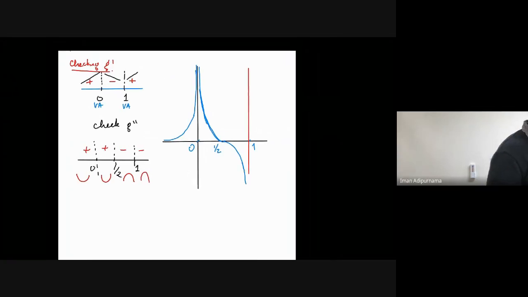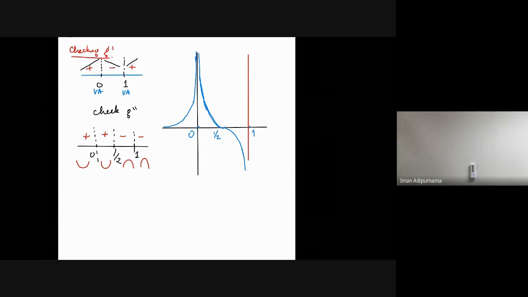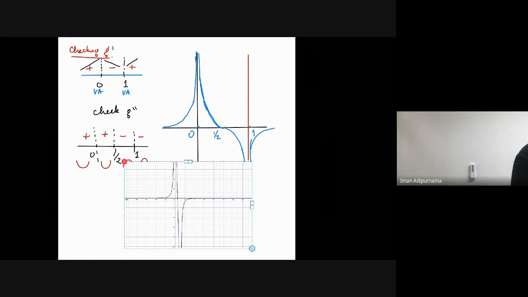And then after 1, it's increasing, but it's downwards, and it has the asymptote here and here. Like that. And it's increasing, but it's coming from below.